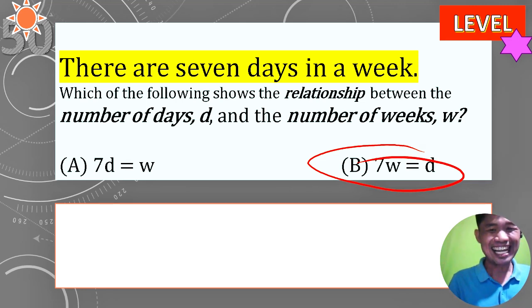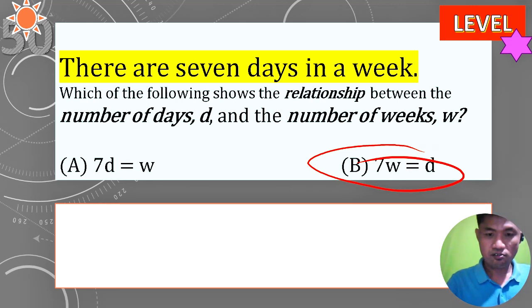Are you tricked? Take note. 1 week is equivalent to 7 days. So we have now, let's say, this one, letter A, 7.